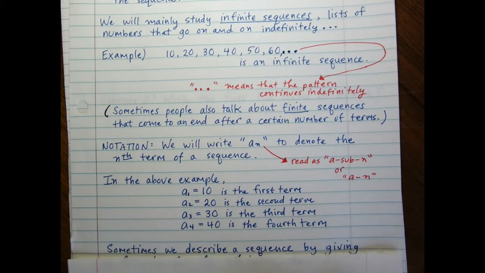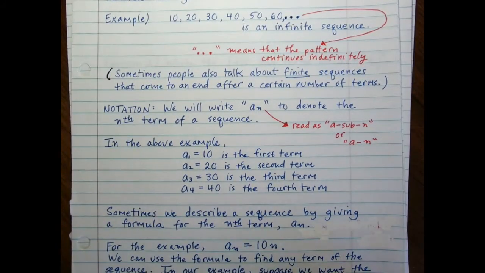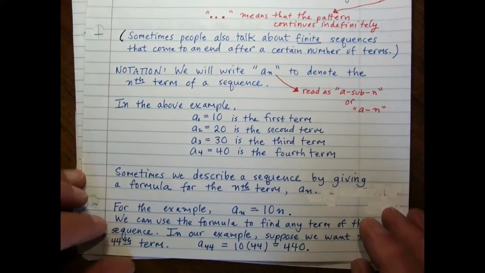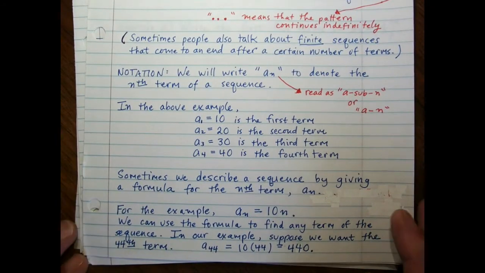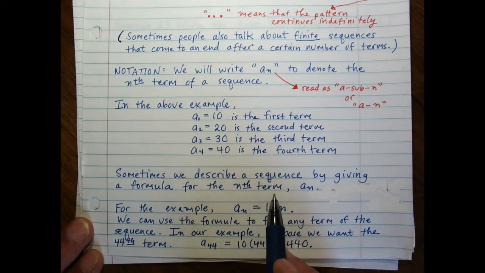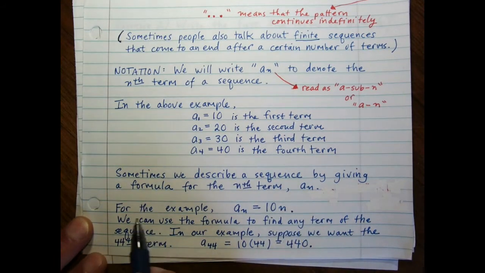Now, sometimes we describe a sequence by giving a formula for the sequence. The way we do that is we give a formula for the nth term, that a sub n expression. In our example, it's really easy to see how we could do that.